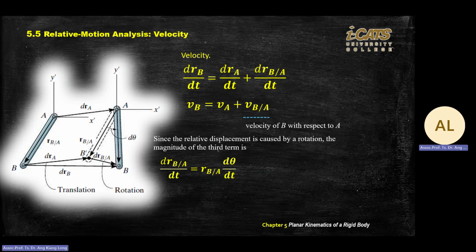We can rewrite drB stroke A dt as r d theta dt. How does this come about? Where is RB stroke A? It is here.